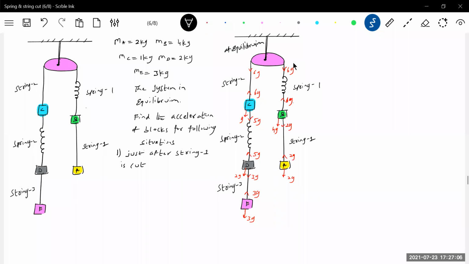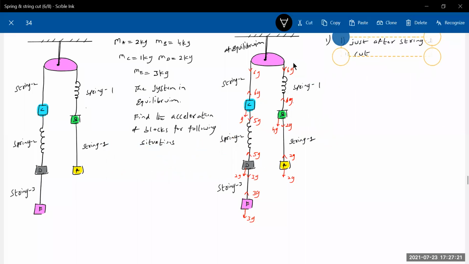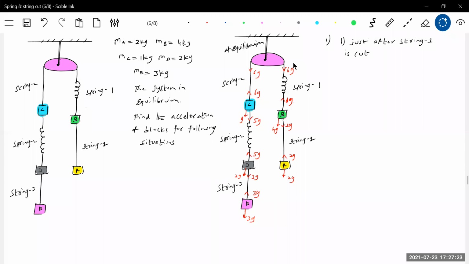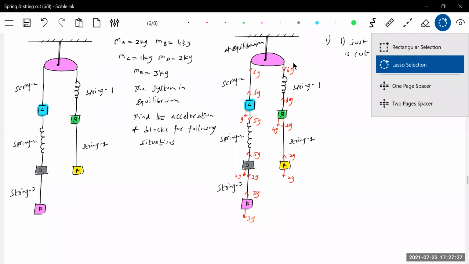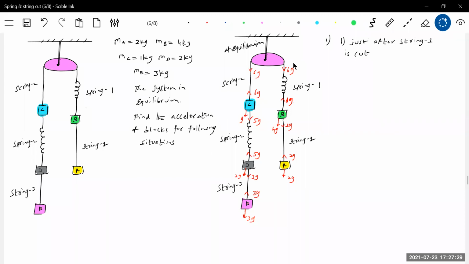Now we are going to cut string 1. Just after string 1 is cut, now this is the first case. String 1 and spring 1, we have less time. Spring 1 also, after this we'll do it. We are going to cut this string and see what will happen.